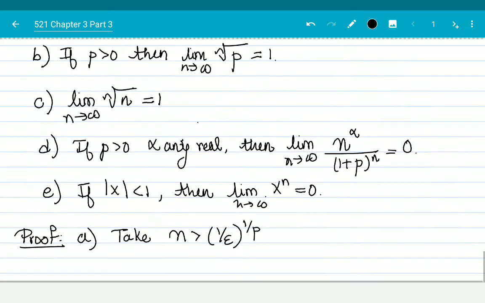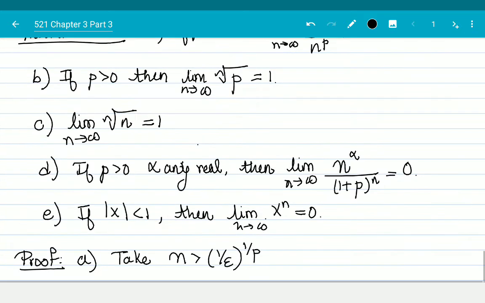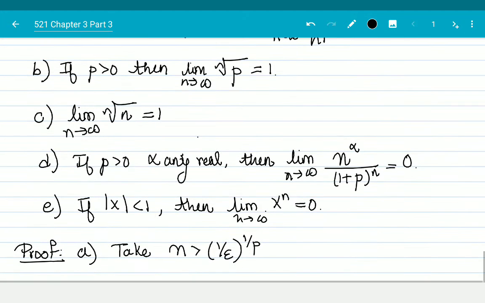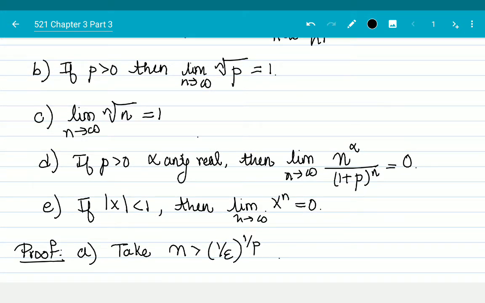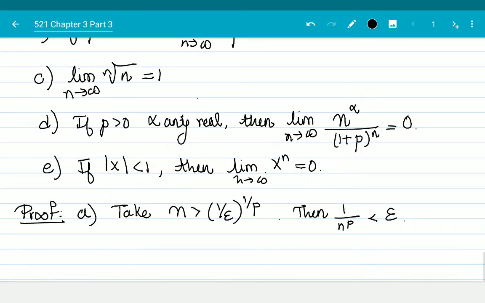Then this would mean n to the p is bigger than 1 over epsilon, so 1 over n to the p is smaller than epsilon. This is for any given epsilon. Take some epsilon, you can do this.